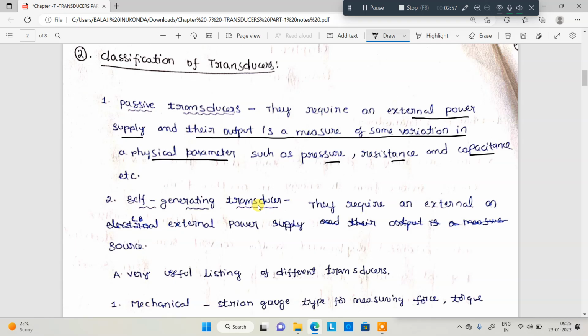Got my point? If you want to use a passive transducer, some external power is required to sense and measure the pressure, resistance, and capacitance and convert it into an electrical signal. So some external excitation is required. Those transducers are passive transducers.